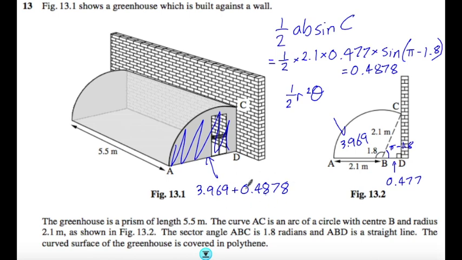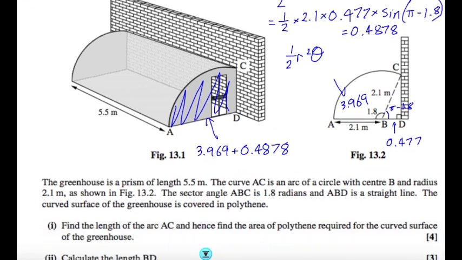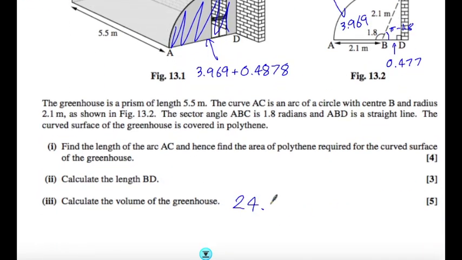So that's, on my calculator, 4.456, there or thereabouts. And then we just have to times it by 5.5 to give the volume, because remember, this is like a prism. So I get, to three significant figures, 24.5 meters cubed. Okay.